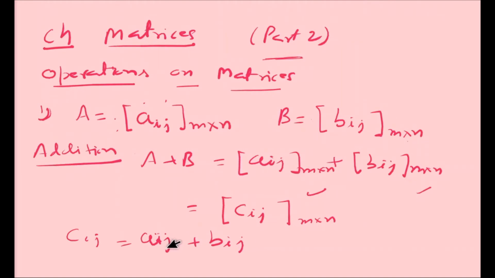What do you mean 1 1? First row, first column, first row, first column. Remember it. Then the resultant will be at C11 place is this one. So corresponding elements of these two matrices you can add. Right? Now I am describing about this example.